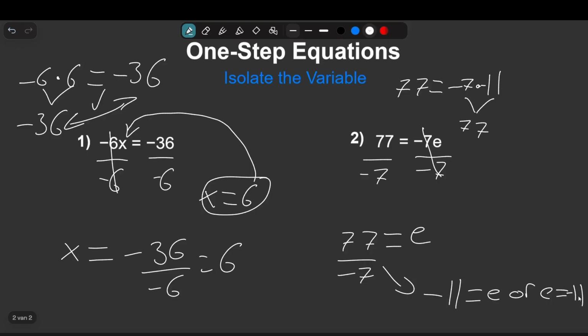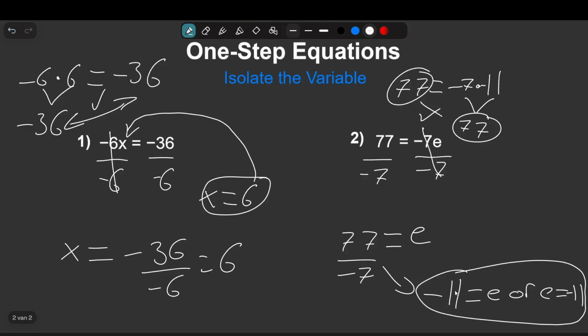My bad, guys, I forgot to put a negative sign over here and over here. But as you can see, we're doing -7 times -11, and this will equal a positive number of 77. And this tells us that our answer is correct. So this means that e equals -11 is our final answer.